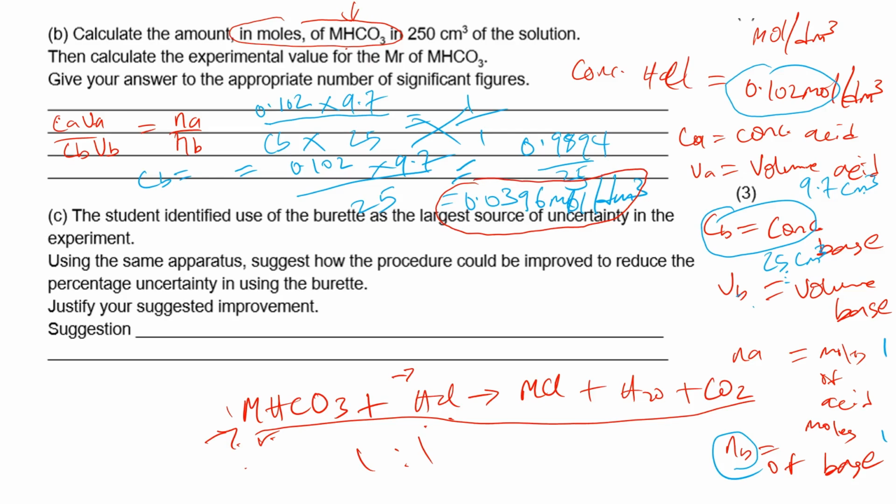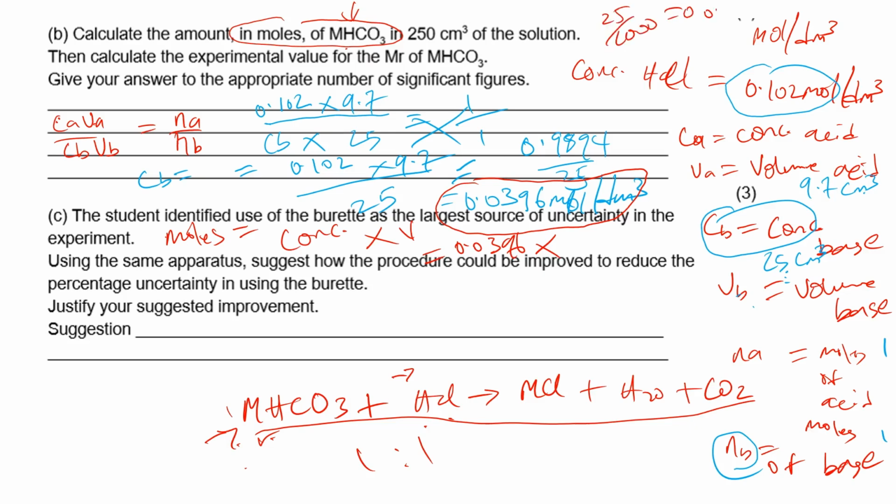Now from here you can calculate the number of moles of the MHCO3, which is our base. Moles will be equal to the concentration multiplied by the volume, which is 0.0396 multiplied by the volume. The volume is 25 cm³, but this time you have to convert it to dm³, which is 25 divided by 1000.